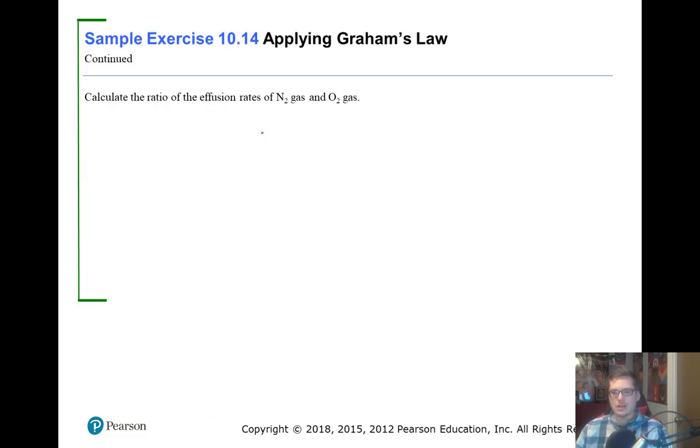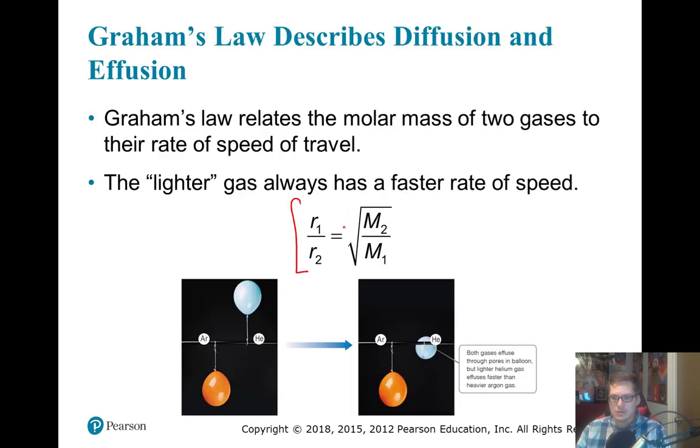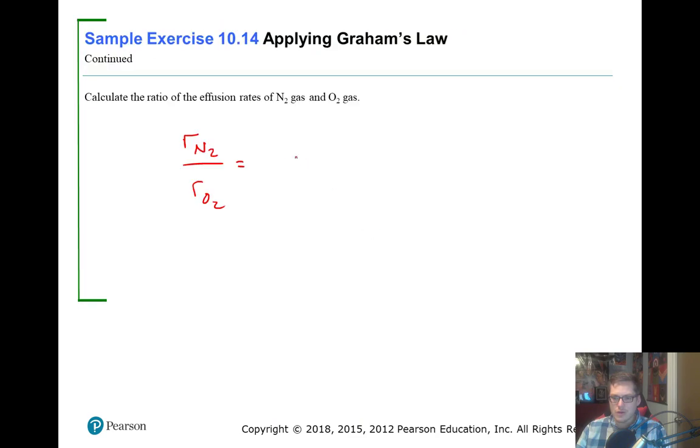So last thing here, we're just going to calculate the ratio of effusion rates of N2 gas versus O2 gas. All right, so we want the rate of N2 versus the rate of O2. Okay, and Graham's law just told us that it was the square root of M2 over M1. So it would be the square root of M of O2 over M of N2.